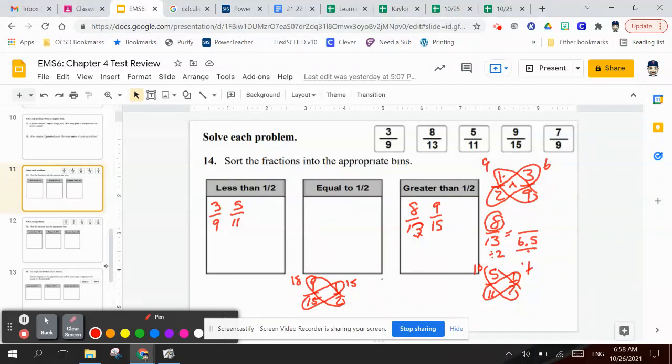And 7/9 and 1/2. 9 times 1 is 9. 2 times 7 is 14. 14 is greater than 9, so 7/9 is greater than 1/2.